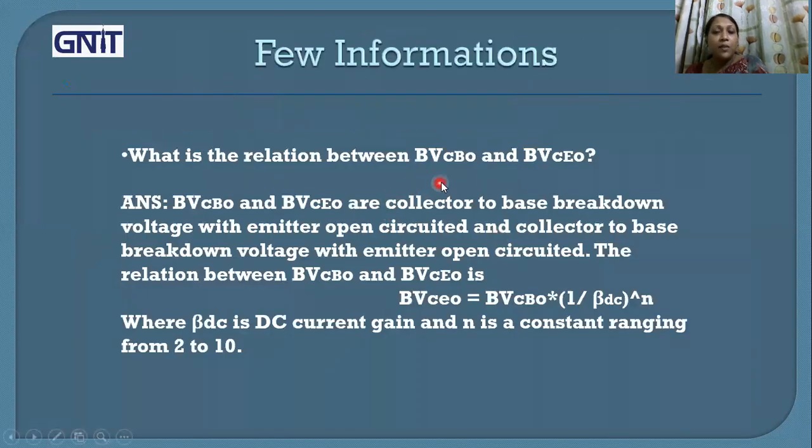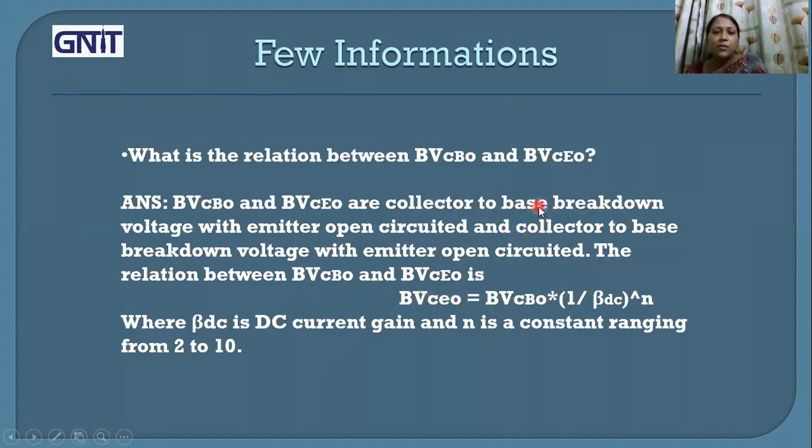So what is the relation between BVCBO and BVCEO? Answer: BVCBO and BVCEO are the collector to base breakdown voltage with emitter open circuited and the collector to emitter breakdown voltage with base open circuited.